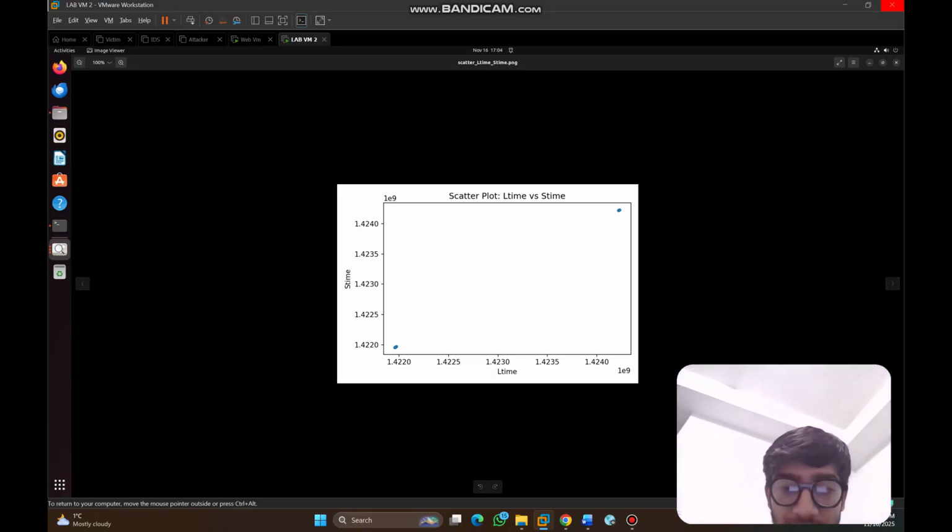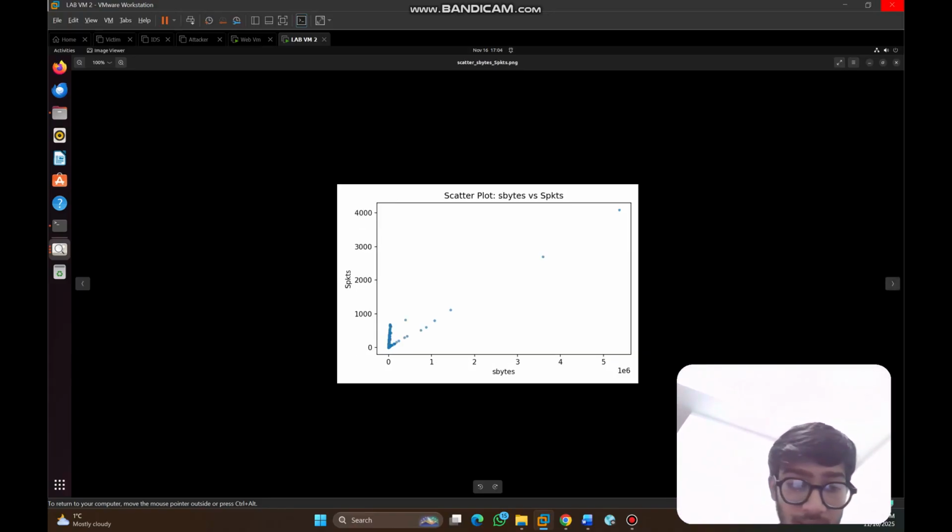Now let's move on to the scatter plot for L time versus S time. They are almost linearly related, and their tight diagonal pattern confirms the strong correlation detected in task 2. Then S byte versus S packets shows an upward pattern: higher sent bytes usually correspond to a higher number of packets sent, confirming a logical traffic flow relationship.